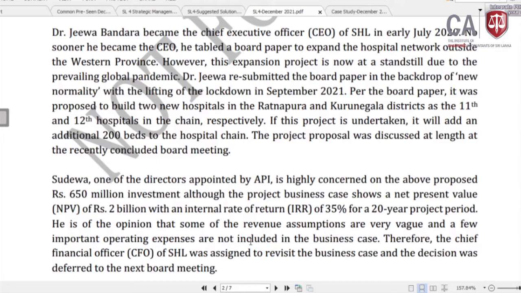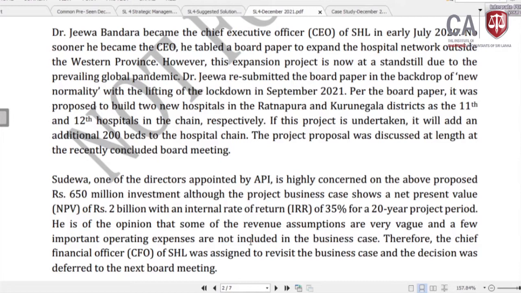As per the board paper, it was proposed to build 2 new hospitals in the Ratnapura and Kurunegala districts as the 11th and 12th hospitals in the chain respectively. Two contrasting districts, no?